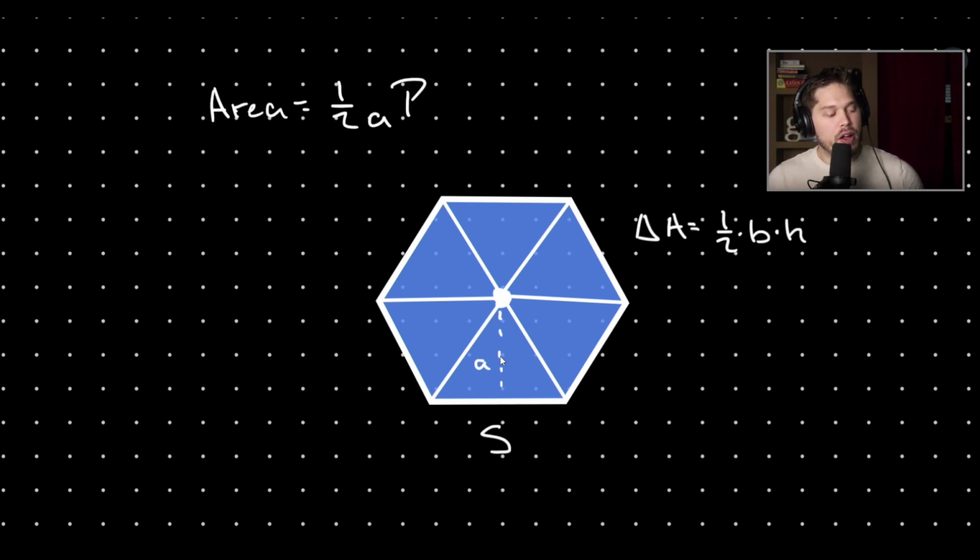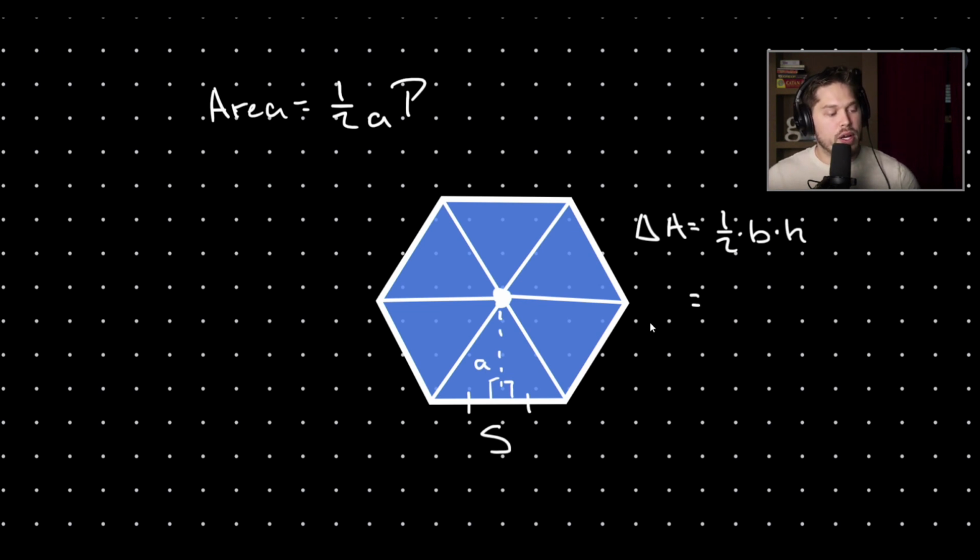And your apothem not only is a drop down from the center to one of your sides of your polygon, it also bisects your side. Therefore, this half and this half are going to be equal, and also it's a perpendicular bisector, so it's going to form a couple of right angles for us.